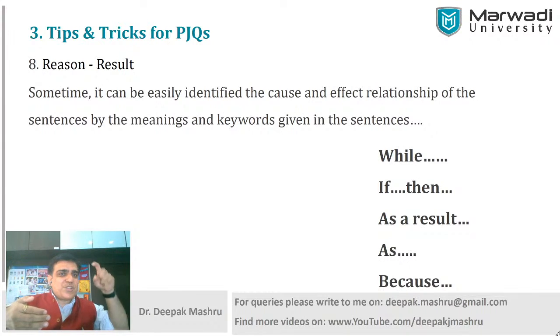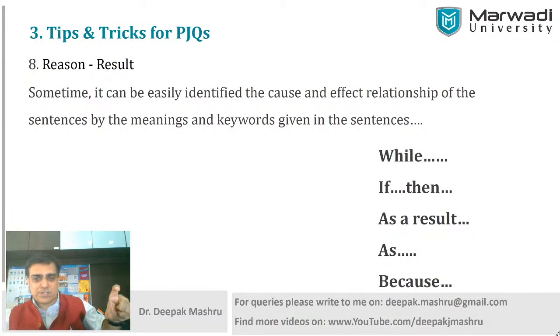Action one happened, and as a result action two happened. As action one happened, action two follows. This is what we call reason and result, that is, cause and effect relationship. So this is important for us.